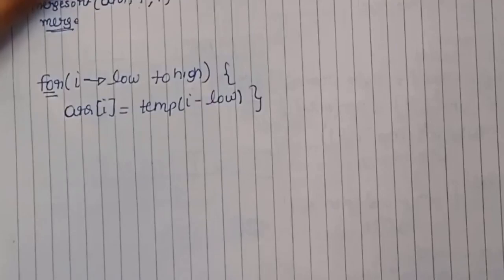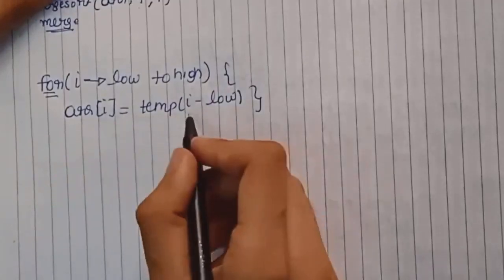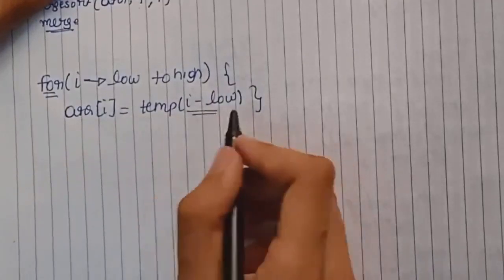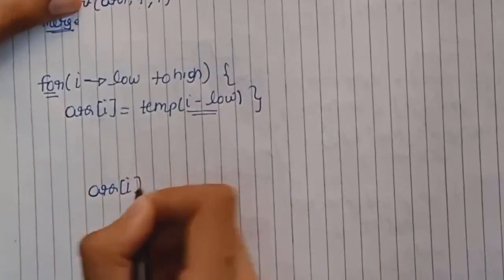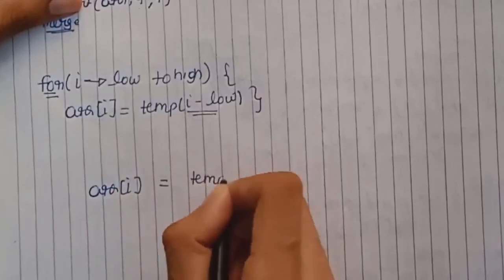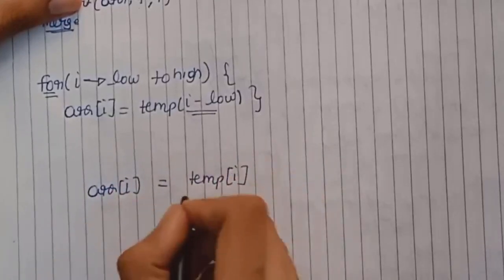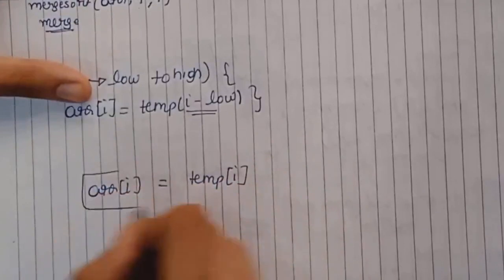So now you may be thinking, why here I have written I minus low, why is it not ARR I equal to temp I, why have I not done this?